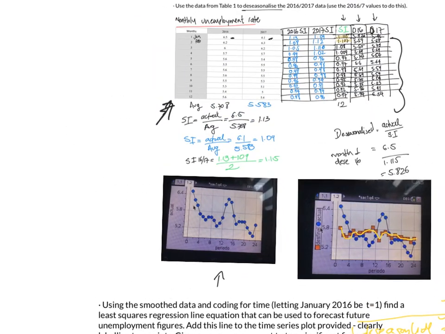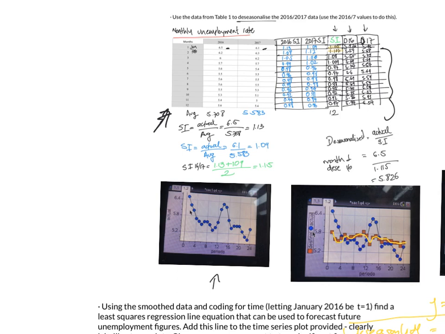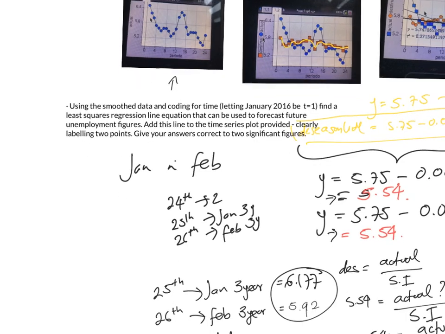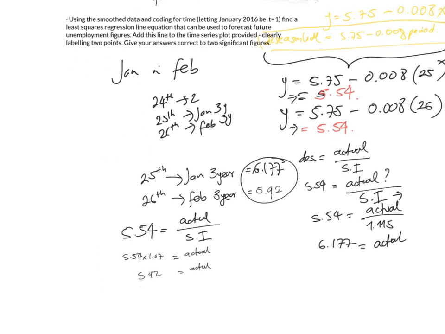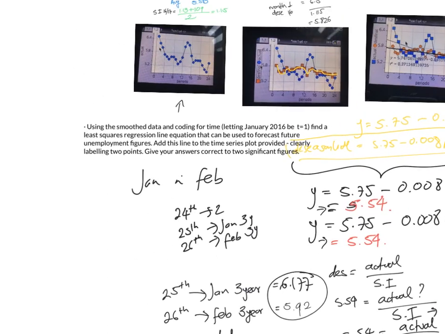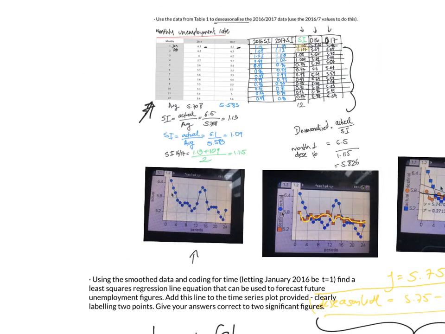So it has actually decreased. And if we look at February 2016, 2017, and then 2018, we got 6.2, 6.3, and then 5.92. So it seems that with the years, the unemployment rate starts to decrease.